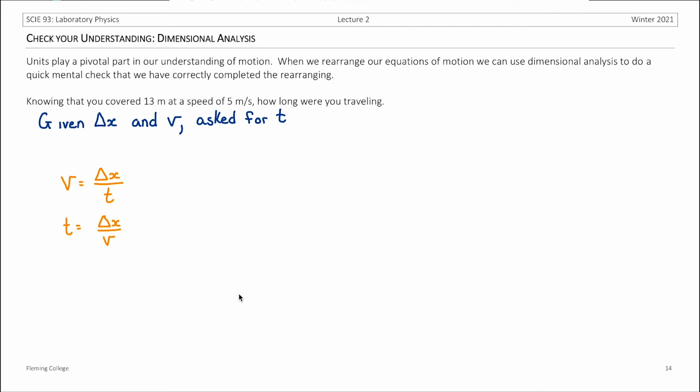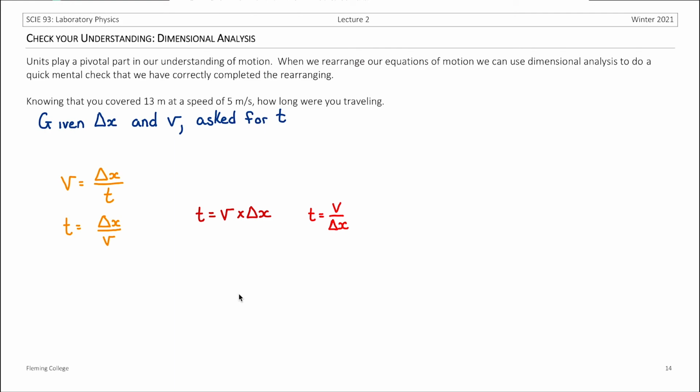But it's possible that some of you got the order of rearranging confused and tried the incorrect rearrangement of time is equal to velocity multiplied by change in position, or you may have tried time is equal to velocity divided by displacement. A quick analysis of the units would have helped us determine whether or not we made a correct rearrangement.